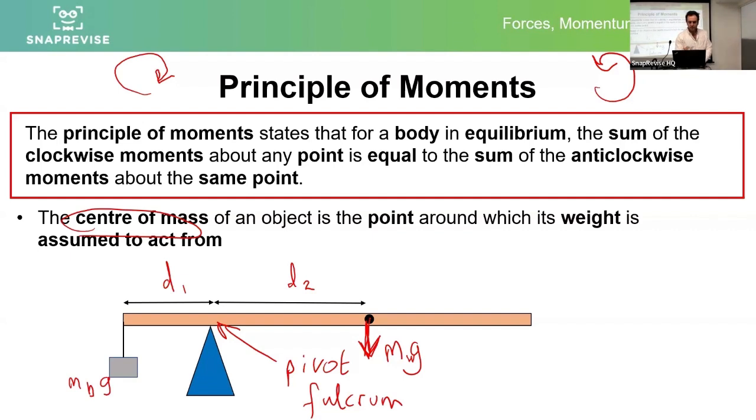The principle of moments says if this plank is in equilibrium, i.e. everything's stationary, it's not rotating either way, we would have to say then that mBg times D1 is equal to mWg times D2. Cancel the g's. The mass of each mass multiplied by its distance away from our pivot must be equal.